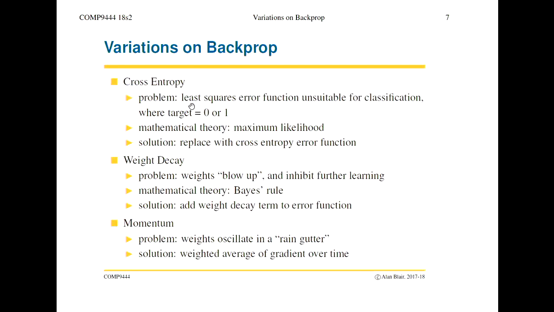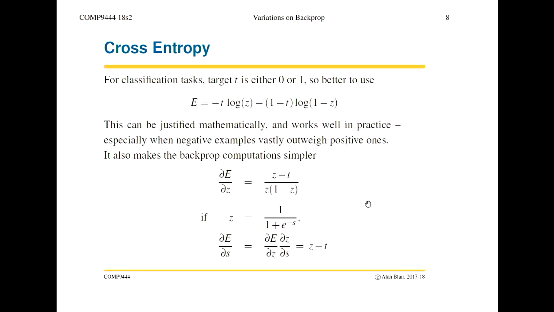Okay, so cross entropy. Now, what we talked about before was the squared error function. We took the output of the network and the target value, took the difference and squared it.